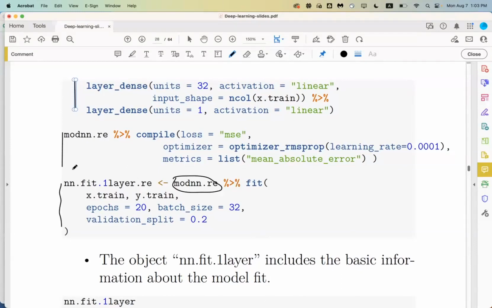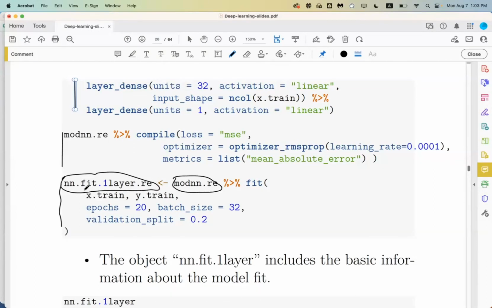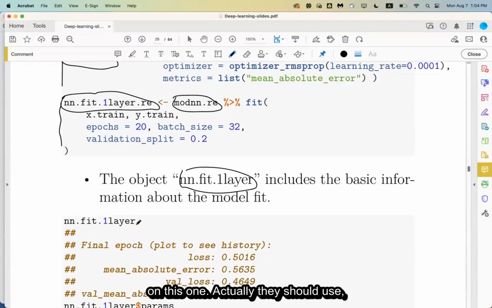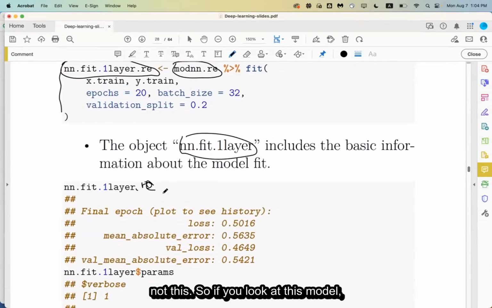After we fit the model to the data, we get the results. We have the results saved into our object. One is this one, and another is the model itself. If you take a look at the object, you should use this one, not this.